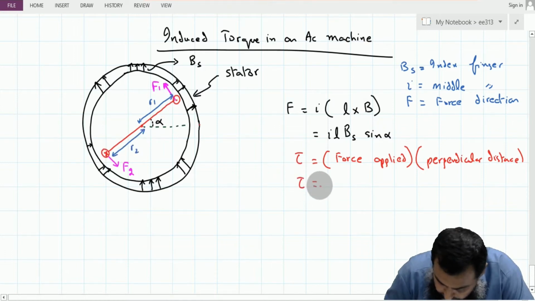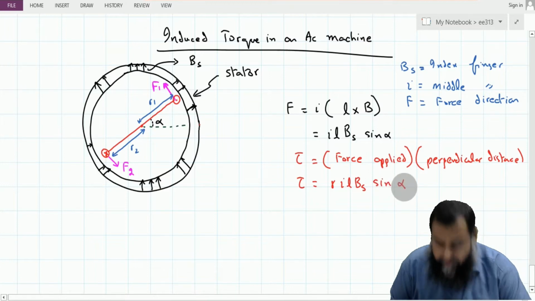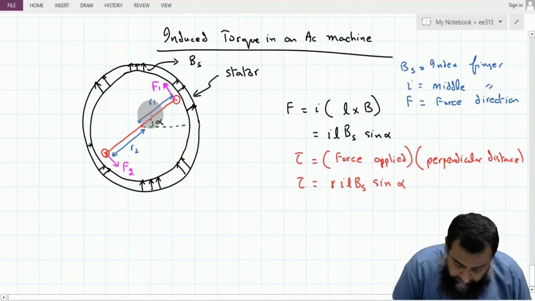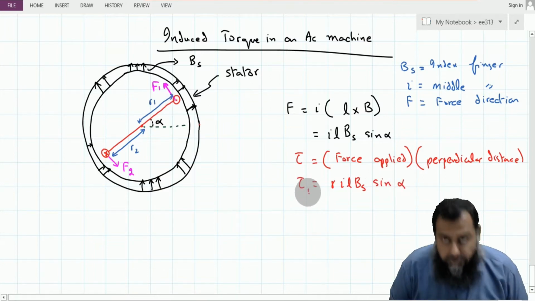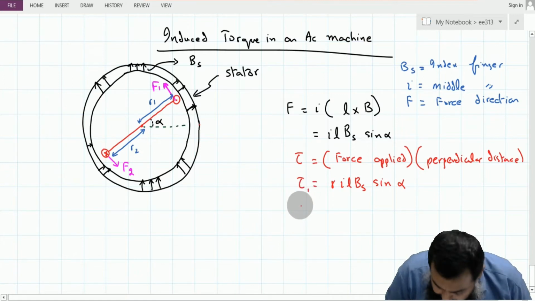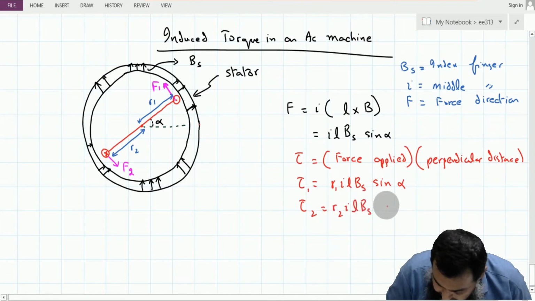So this torque is equal to R IL BS sine alpha, and this is, by the way, for this first particular conductor. For the second conductor, this T2 is equal to R2 IL BS sine alpha.